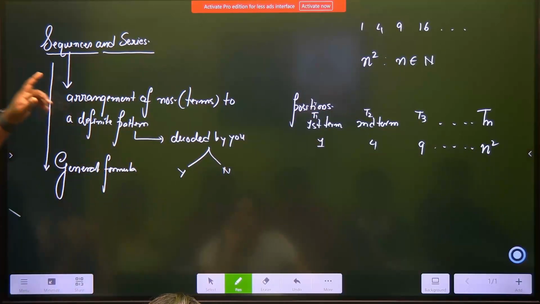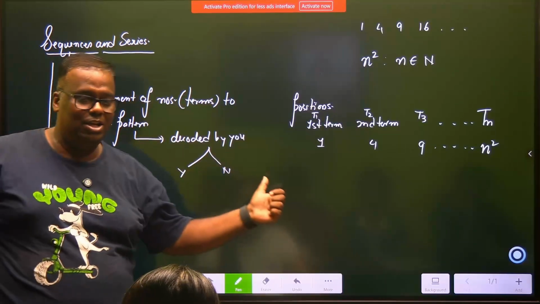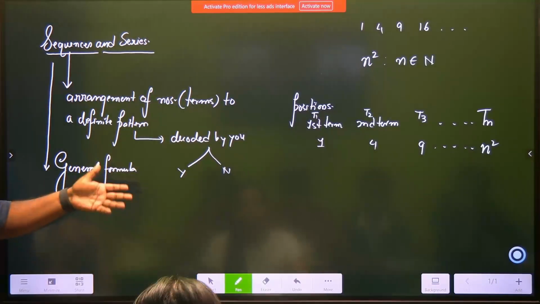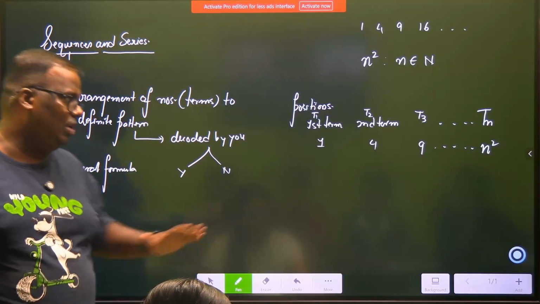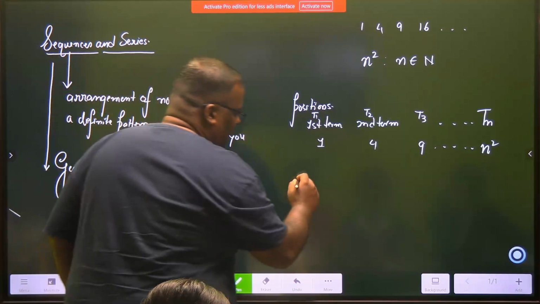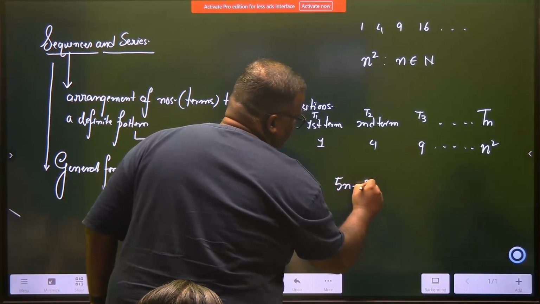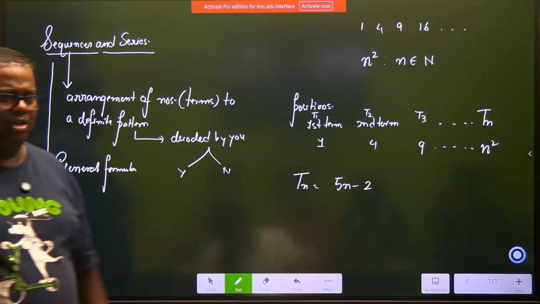So, sequence, okay. A sequence is an arrangement of numbers or terms arranged to a definite pattern. The question is, you can decode the pattern or you may not decode the pattern, right? But if there is a sequence, every sequence will have a general formula. Now let's say, for example, I have a sequence of general formula 5n minus 2. This is my general formula. Okay.